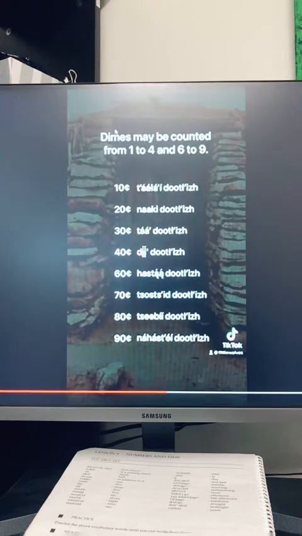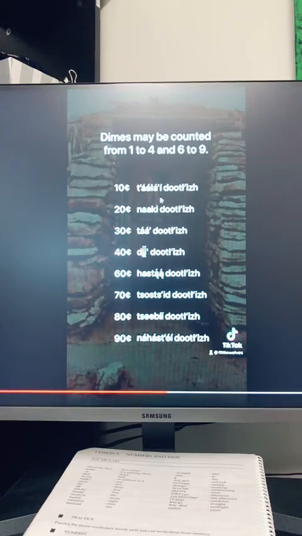Okay, now you can count just like how we did the counting in 10. So you can count dimes from 1 to 4 and 6 to 9. It sounds really complicated, but once I start going through saying them, hopefully you'll understand what I'm talking about.